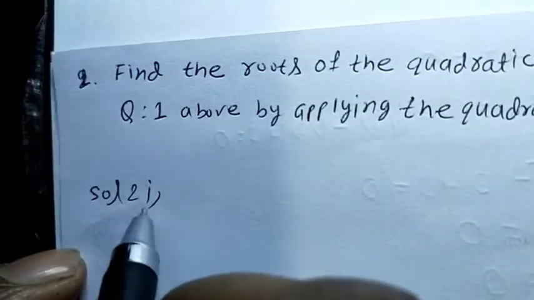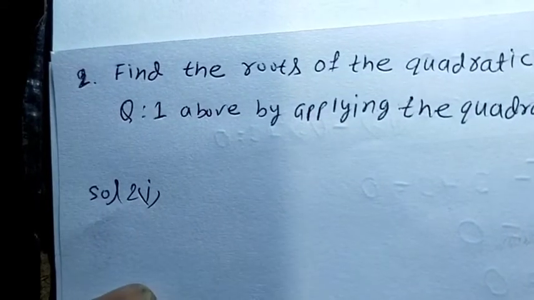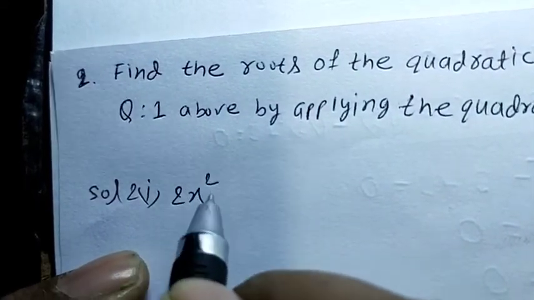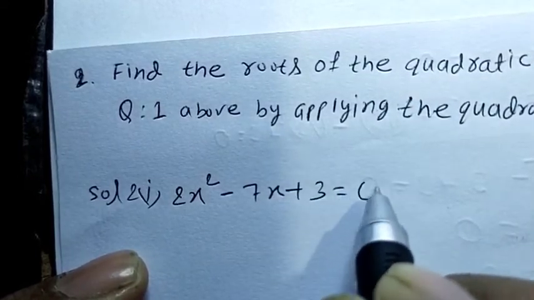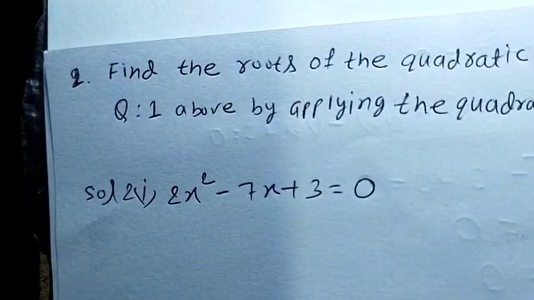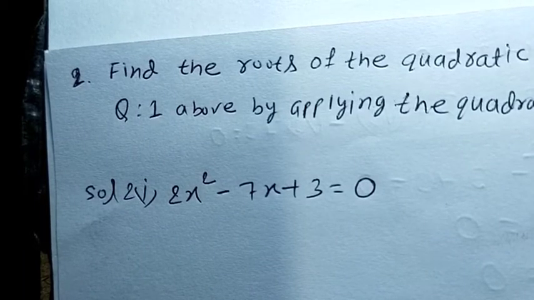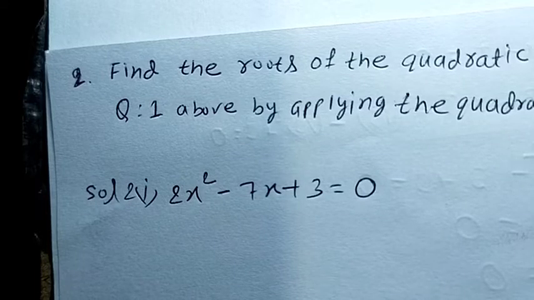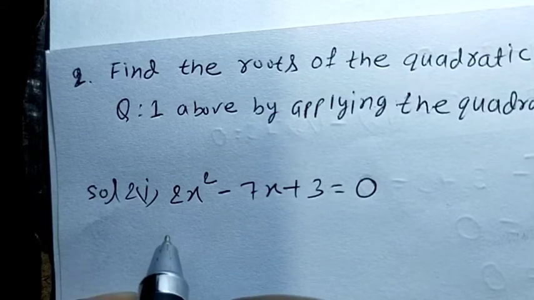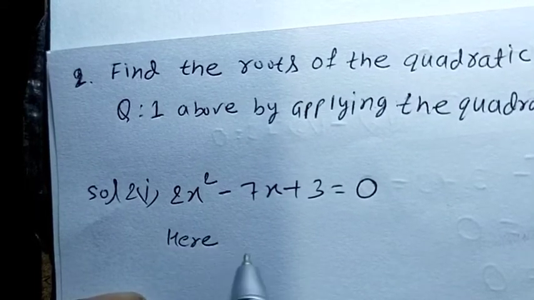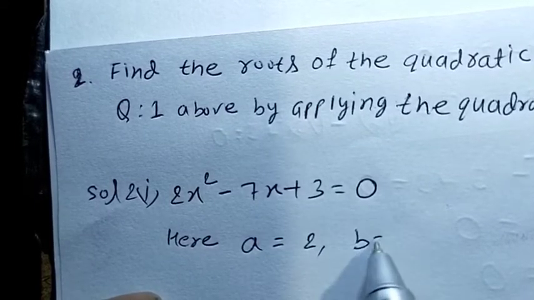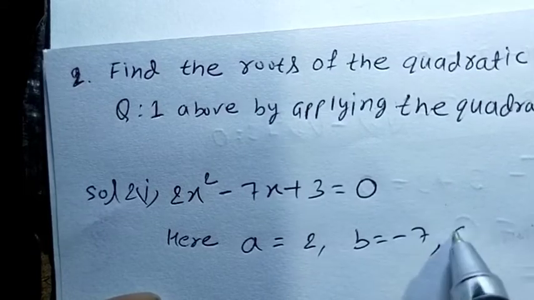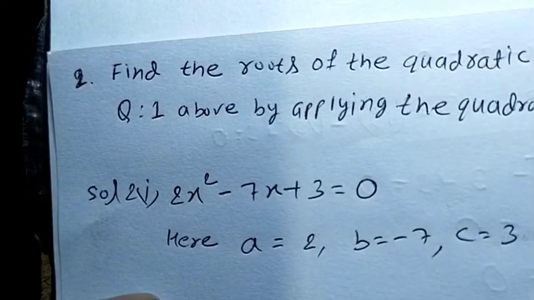So solution 2-1. The first question is 2x square minus 7x plus 3 is equal to 0. Here a is equal to 2, b is equal to minus 7, c is equal to 3.